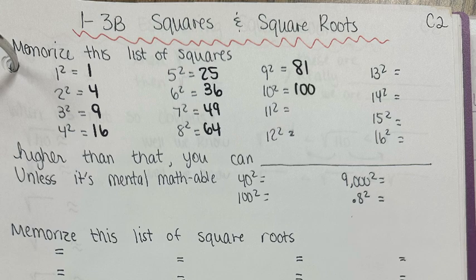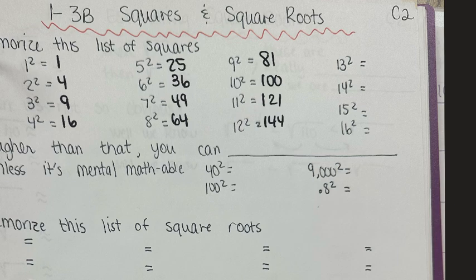11 squared is 121. 12 times 12 is 144. 13 times 13 is 169. 14 times 14 is 196. 15 times 15 is 225.